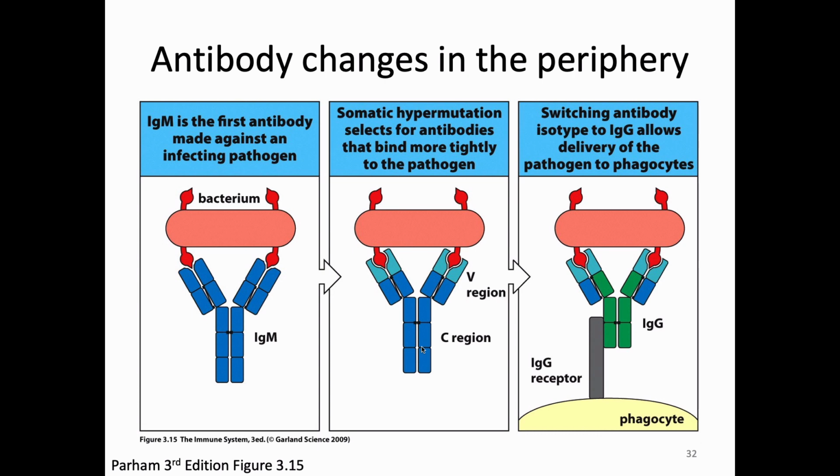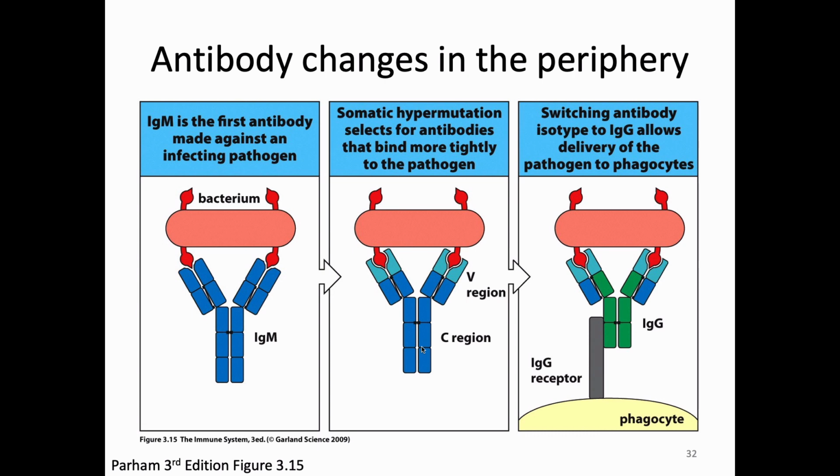This is a slightly better piece of chalk. And affinity maturation. And so these are two changes that can happen to this B cell when the B cell is in the periphery.